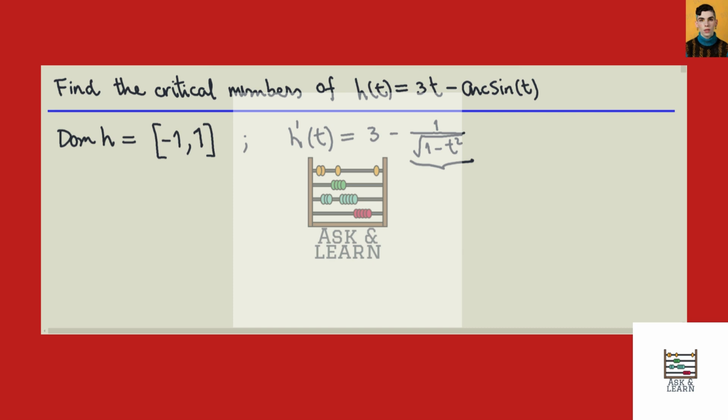And we remember the definition of critical number, which we are going to use here.